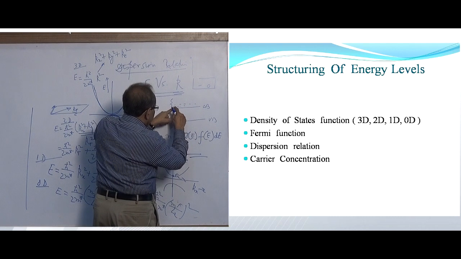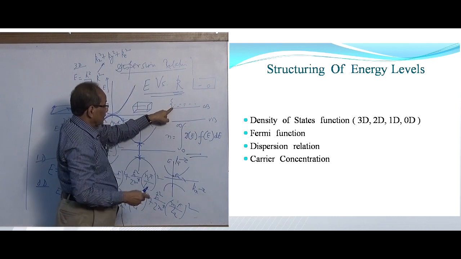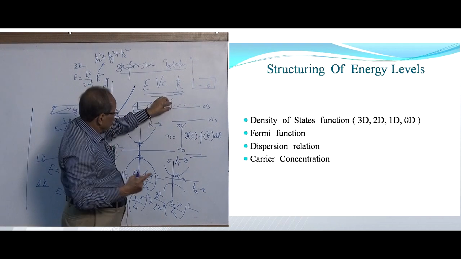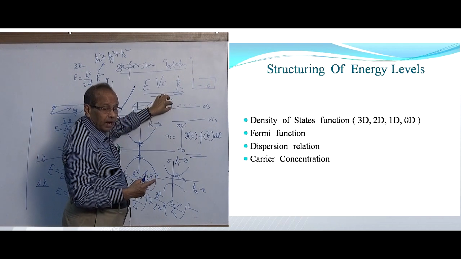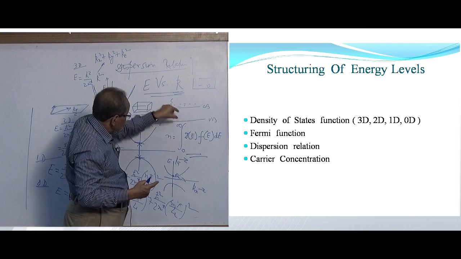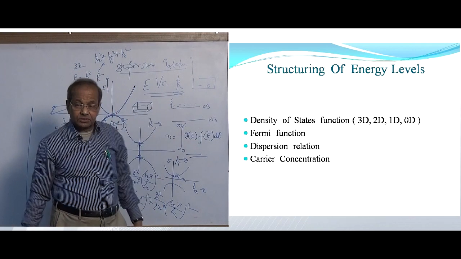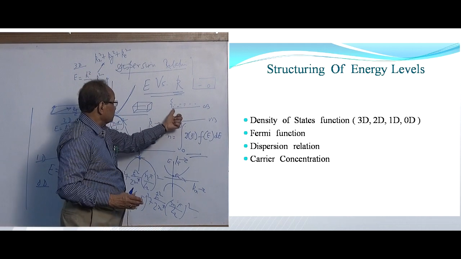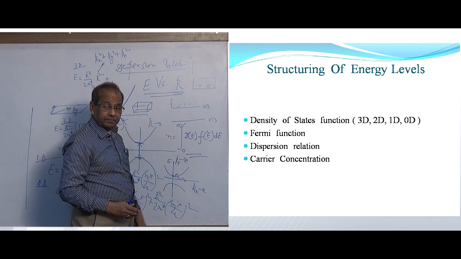Now each state, suppose there is only one state or two states, then if there are two states, are you sure that these two states are filled up by electrons? No, there is a chance, there is a probability. If 30% chance may be there, it is not 100%.